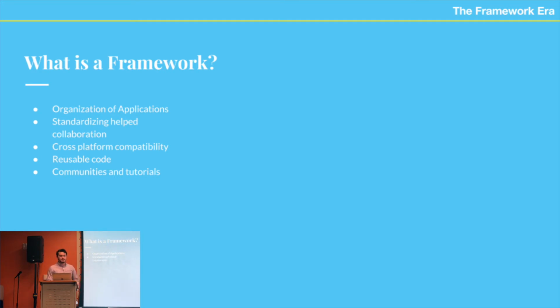We get standardization, help collaborate, and more importantly, and this is a really good point, cross-platform compatibility. As you wrote your own website before jQuery, you needed to make an API request when all those other browsers didn't implement the XML HTTP request, you would have a lot of trouble, right? So having frameworks allowed us to have that cross-platform, allowed us to work on all the browsers.